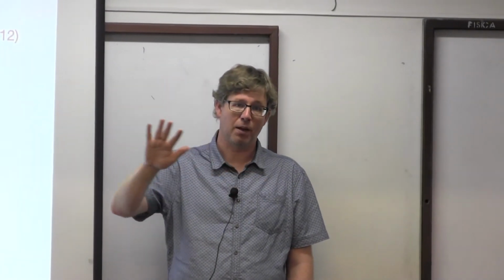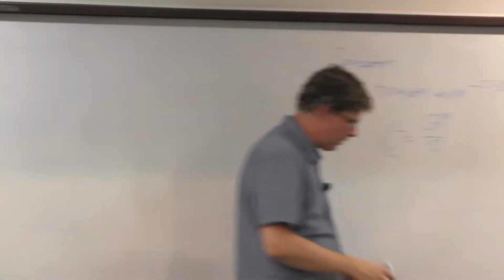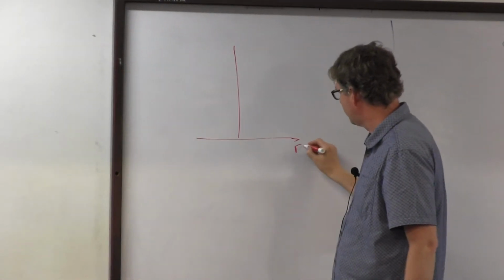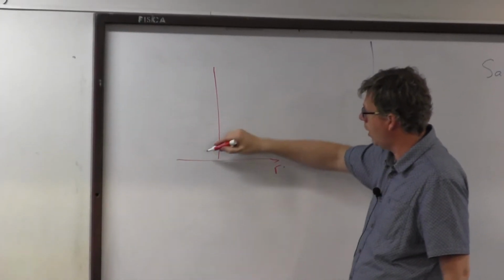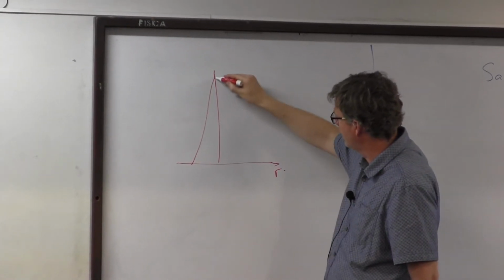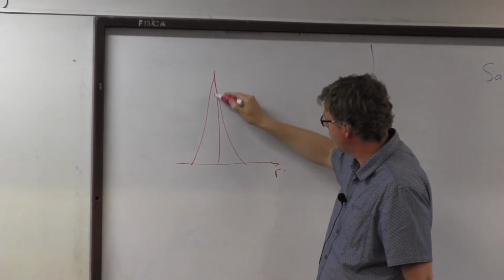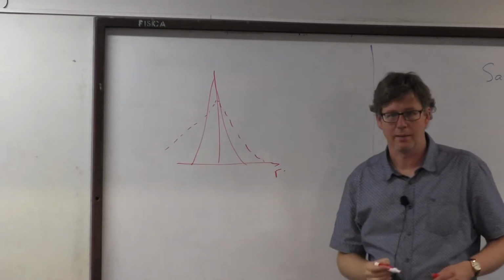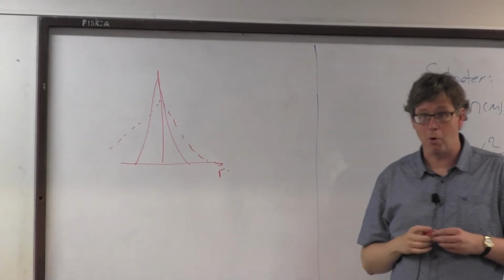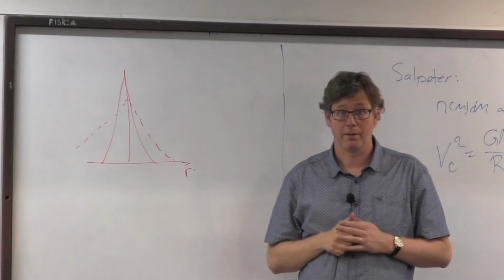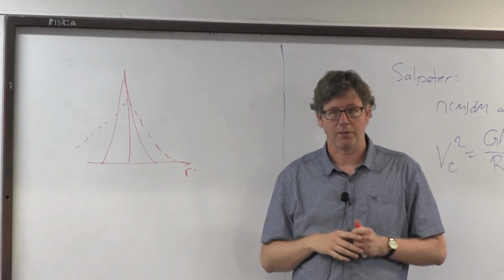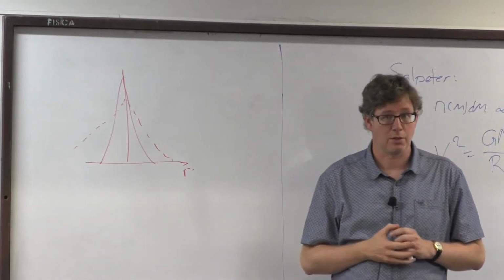Dark matter starts to become more and more important, because the distribution of stars as a function of radius tends to be something like this, whereas for dark matter in these galaxies, it perhaps is distributed more like that. So in the center, there is more baryonic matter than dark matter, but in the outskirts, it becomes dominated by dark matter at some point. So it varies from galaxy to galaxy.